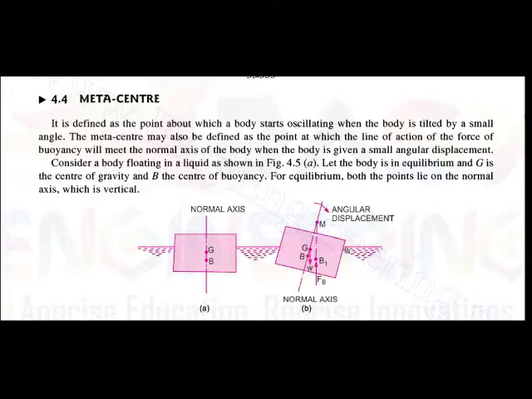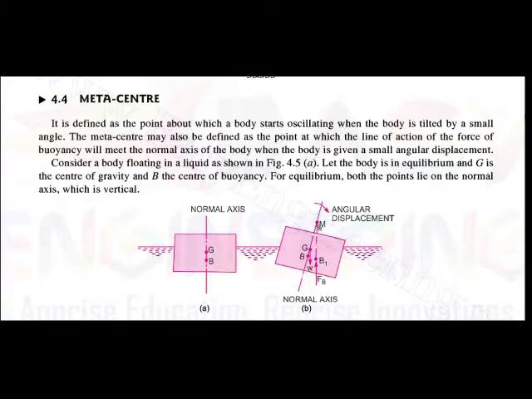Then if we draw the line of action from this point B1, this line of action of the force of buoyancy meets the normal axis. This intersection point is called the metacenter.